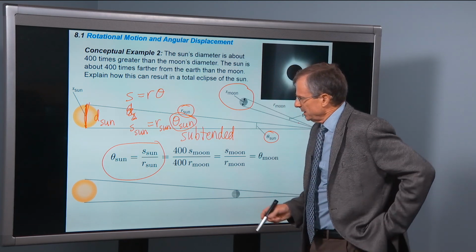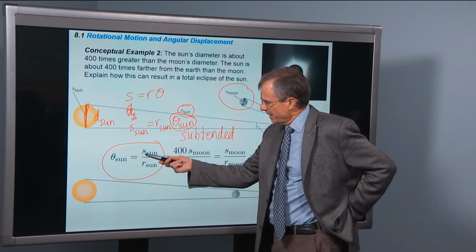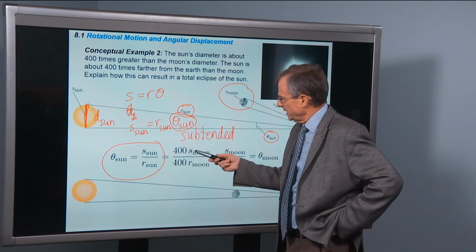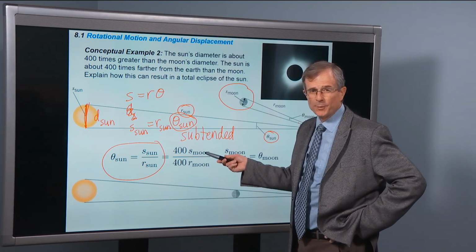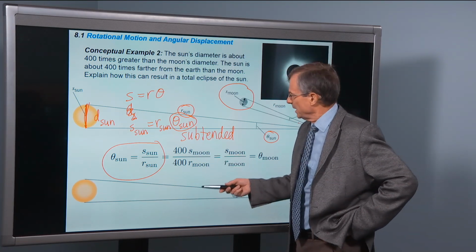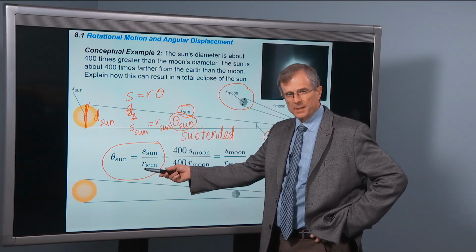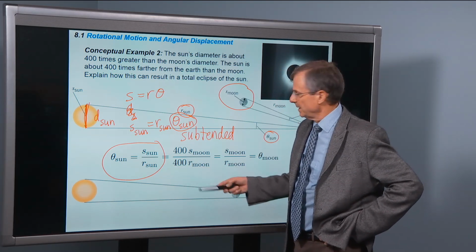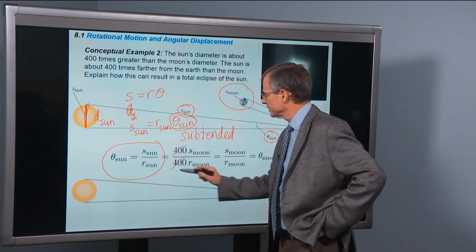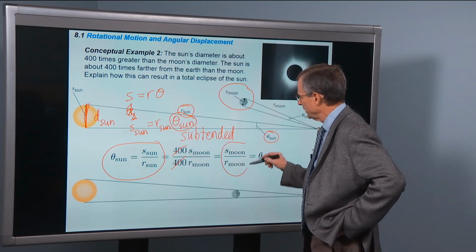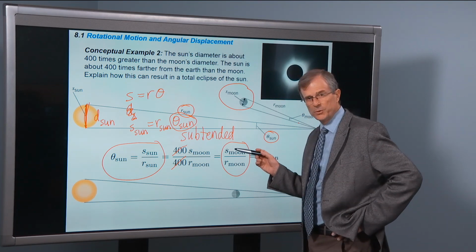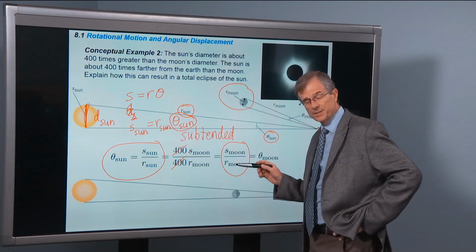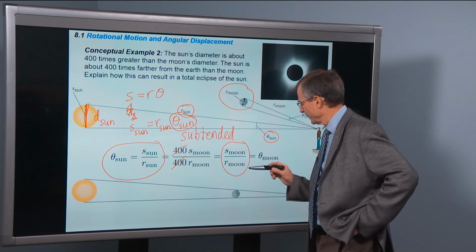Well, the diameter of the sun is 400 times the diameter of the moon. And the distance to the sun is 400 times the distance to the moon. And lo and behold, the 400s cancel, and we have the diameter of the moon divided by the distance to the moon.